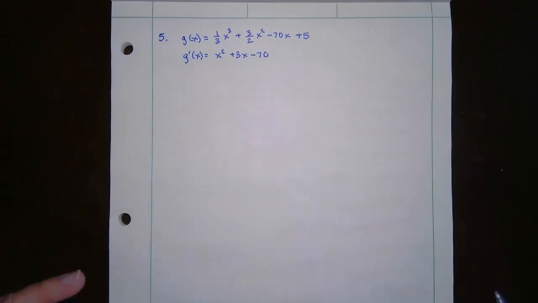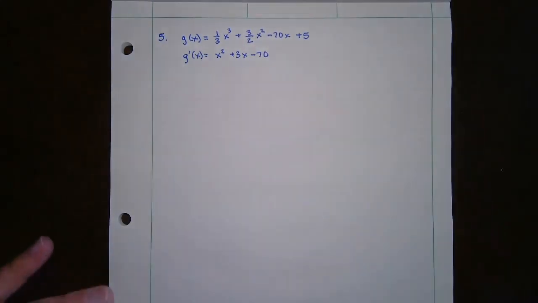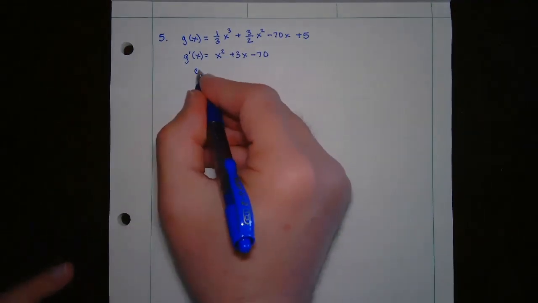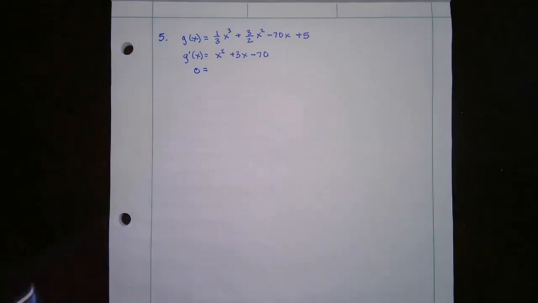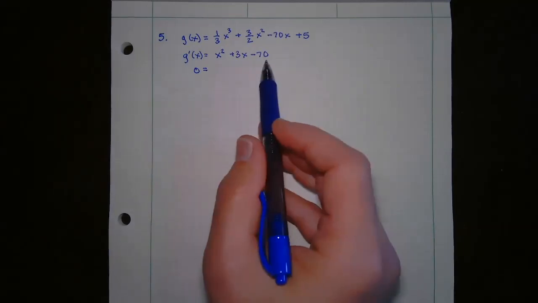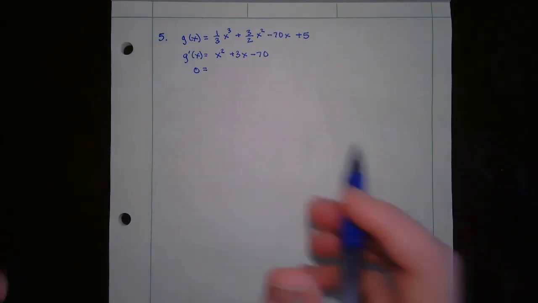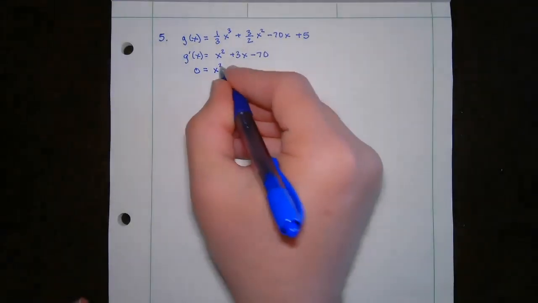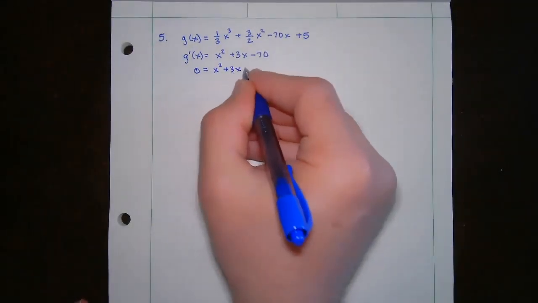70. Okay. And then what we want to do is set that equal to 0. So we've got to find the critical values, where the derivative is either 0 or undefined. Well, this is a quadratic, so it's never going to be undefined, but it will be 0. So 0 is equal to x squared plus 3x minus 70.